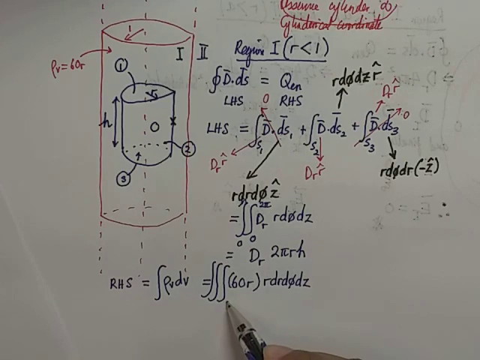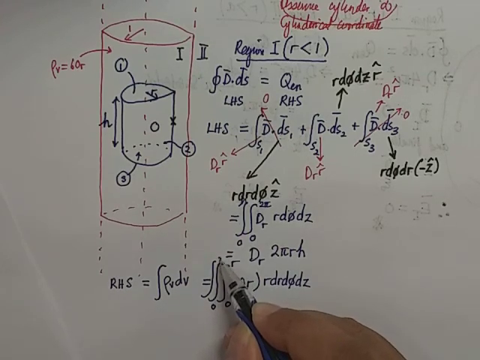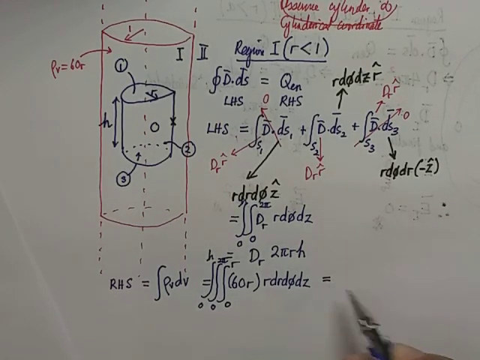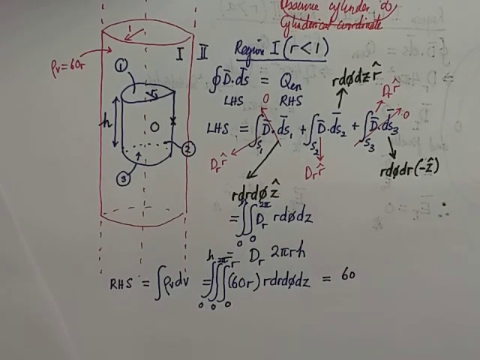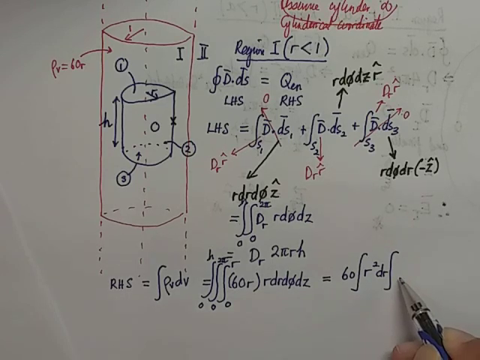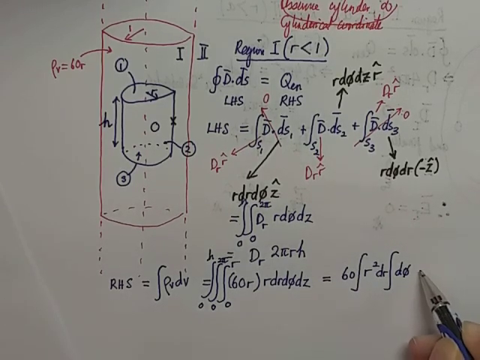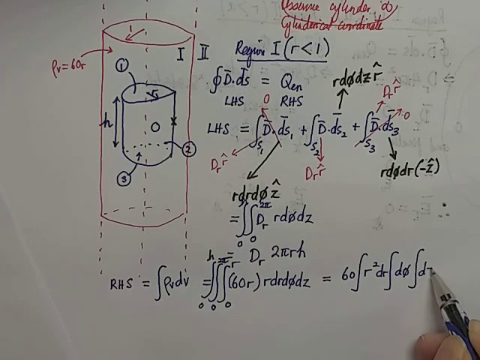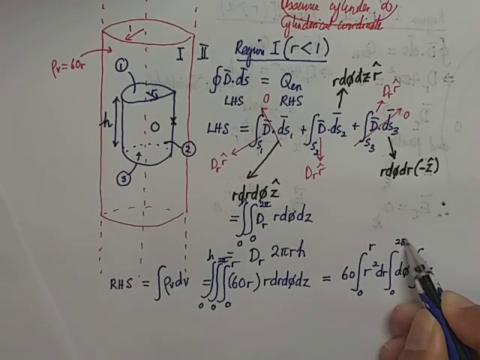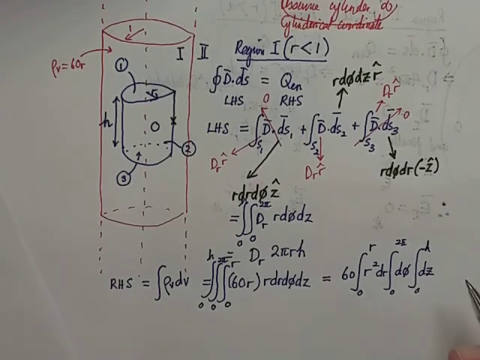The R must be from 0 up to R, the phi 0 up to 2 pi, and the Z 0 up to H. So therefore what you're going to have now is 60 times the integration of r squared dr, the integration of d phi, and the integration of dz, with limits 0 to r, 0 to 2 pi, 0 to h.